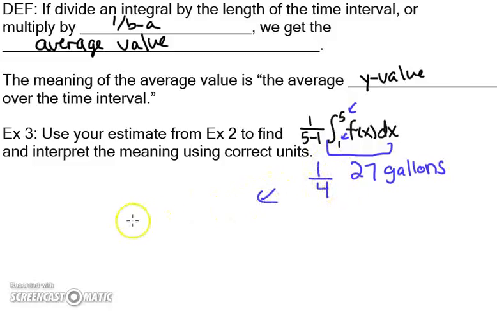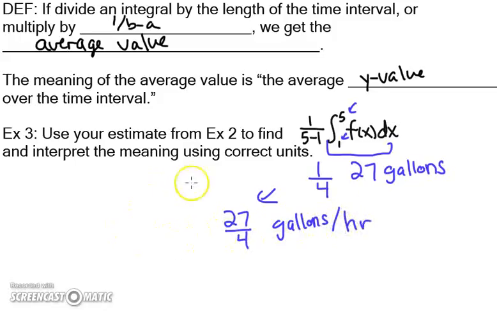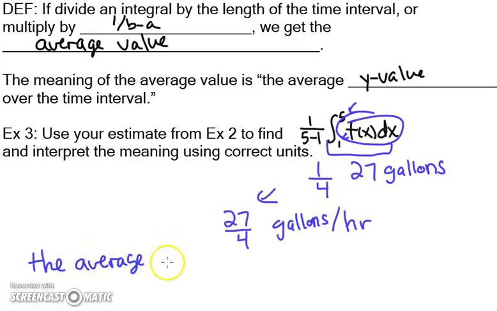So this is going to give us 27 over 4 gallons per hour. And if you look back, our units to start with on that previous problem were gallons per hour. So the y value of f of x is gallons per hour. So our meaning would be it's the average gallons per hour on the time interval 1 to 5.